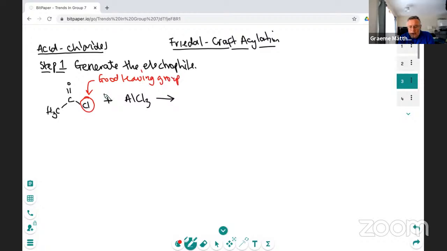This means that the chlorine really wants to leave the ethanoyl chloride because it's got a very high electronegativity. In other words, it wants to take the electrons with it from the bond and leave the ethanoyl chloride. And they always tend to use ethanoyl chloride, chemists.